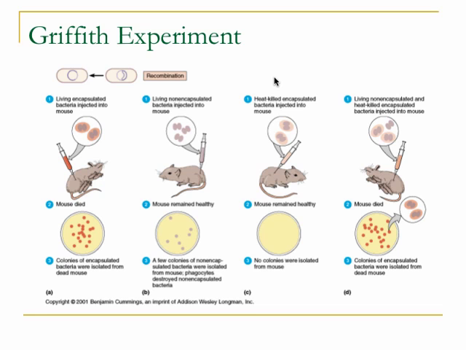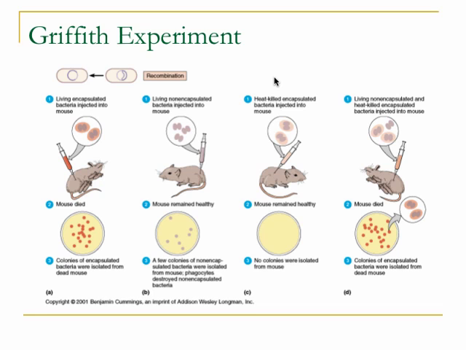So he proved that if he heat killed the virulent form, the form that usually would cause disease and kill the mouse, it was no longer able to cause disease. So in this way, again, he showed that it had to be live, reproducing bacteria in order to cause the disease.